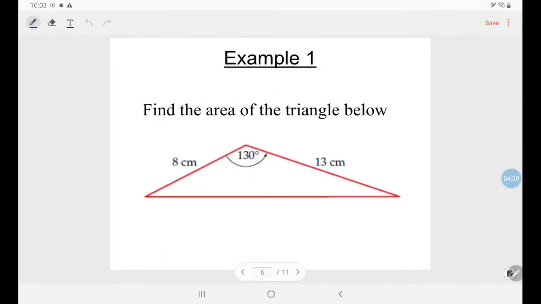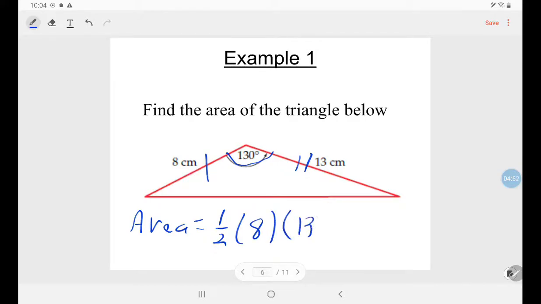So how does this all work? Here's the first example. Again, I'm given 2 sides and an angle between them, so it's real simple. I know my area can be found by taking 1/2 of one of the sides times the other side times the sine of the angle between the two sides.